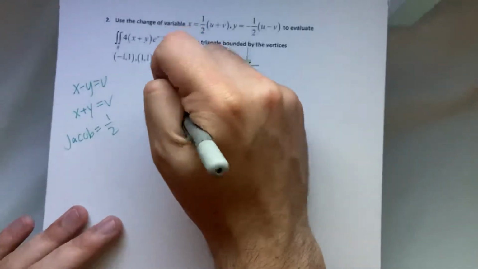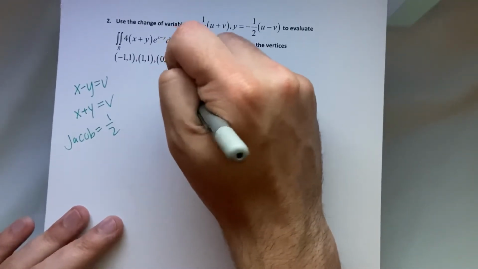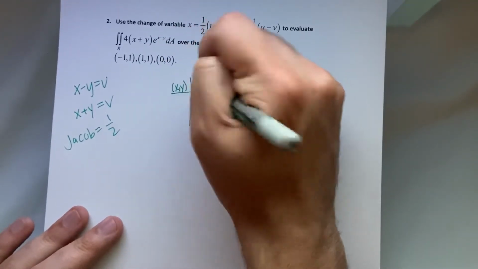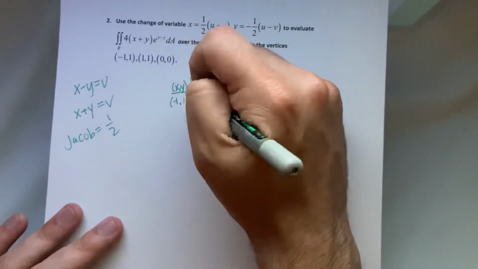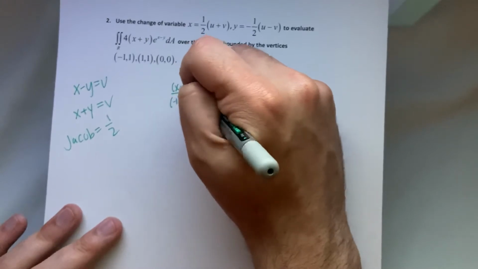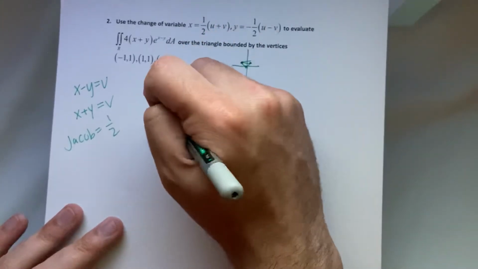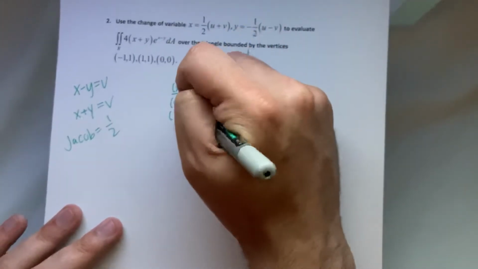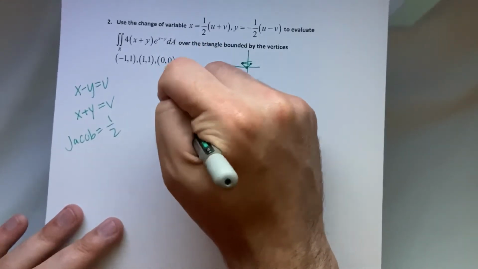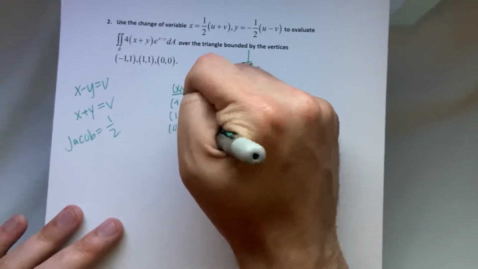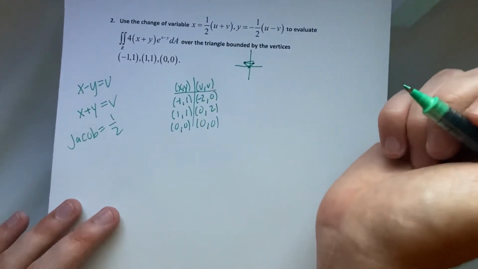So what does this do to the vertices of our triangle? (-1, 1): -1 minus 1 is -2, -1 plus 1 is 0. (1, 1): 1 minus 1 is 0, 1 plus 1 is 2. And (0, 0) is still (0, 0). So what did it do to our triangle?